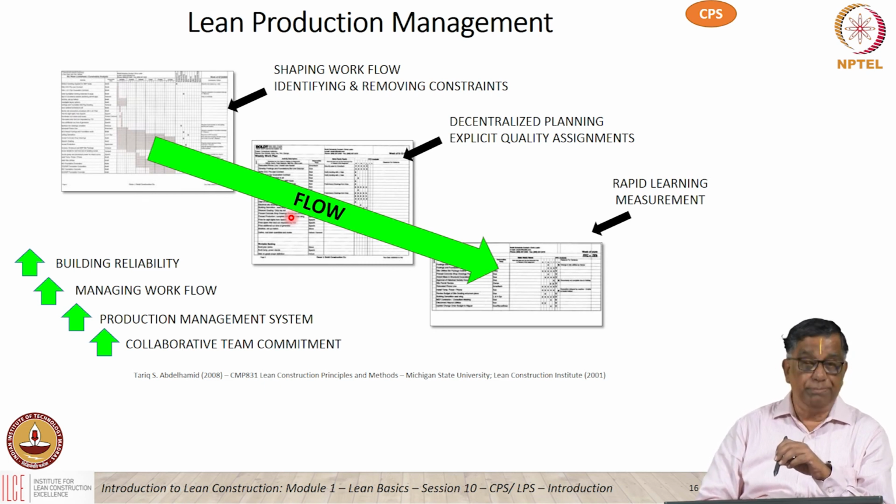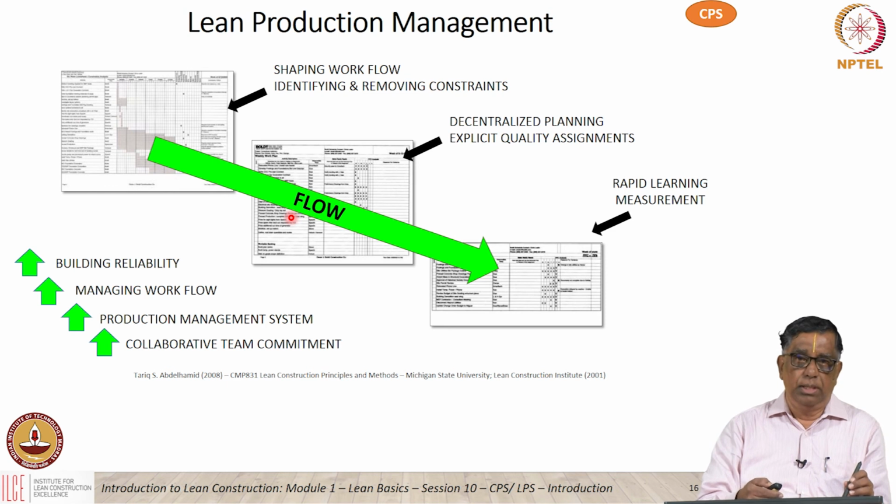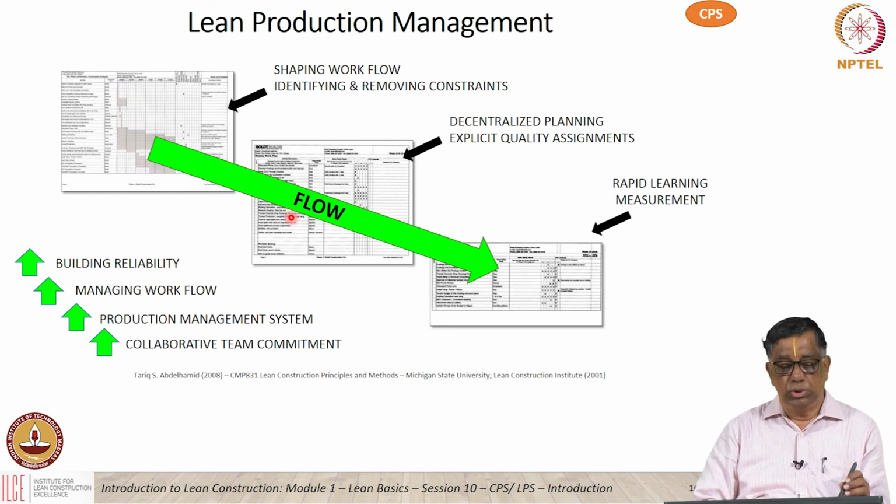So we actually build reliability into the entire process. We manage the workflow for that, and then we have a good, robust production management system, and then we have the overall collaborative team commitment. Not isolated something thrust on people, but the team itself comes forward to do the work on a collaborative basis. That's the beauty and advantage of lean construction management system.